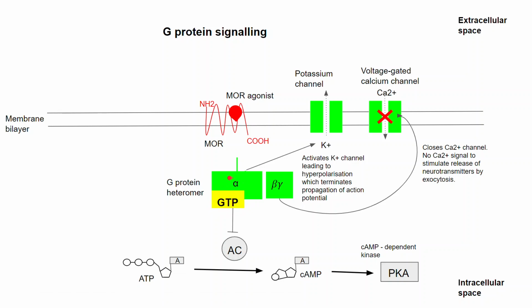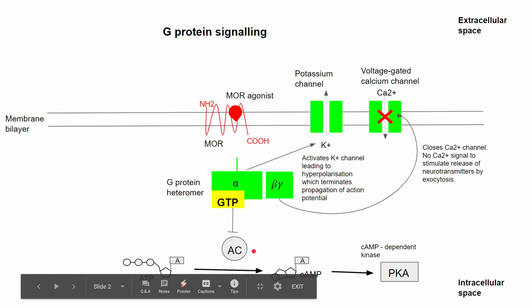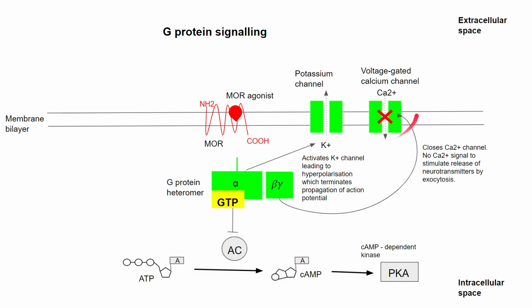And this active G-protein heteromer complex will inhibit the adenylyl cyclase pathway. Adenylyl cyclase is an enzyme which catalyzes the formation of cyclic AMP, which is a second messenger that leads to activation of various kinases and various downstream pathways, which we'll discuss a bit more later. And another effect is this effect on potassium and calcium transport.